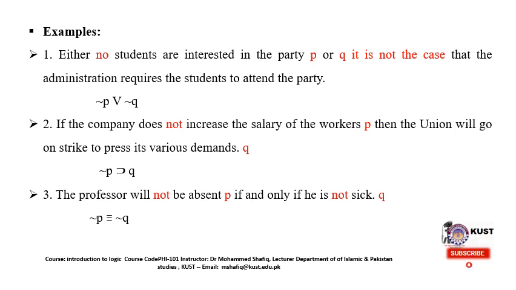On the other hand, the second proposition says if and only if he is not sick. He is sick is depicted with the letter Q, while we are saying that he is not sick, then we need to put a symbol of negation, that is curl, before the letter Q. So not P, if and only if, not Q. That is the third case of negation.